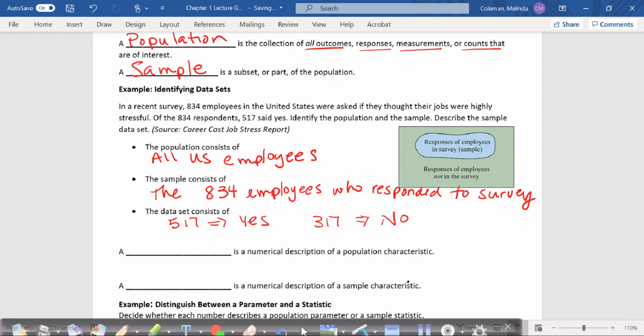The population in this case, being all U.S. employees, makes it very difficult to get every single employee in the United States to answer a survey. So obviously, that's not the target here. Instead, we'll break that down into a sample where we've maybe randomly chosen, and we had a bunch of people who did not reply to the survey, but we did have 834 employees that did respond to the survey.